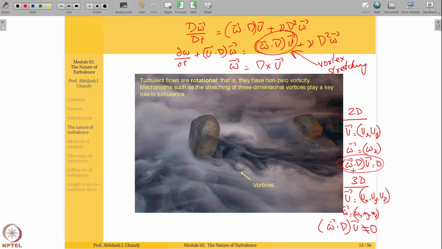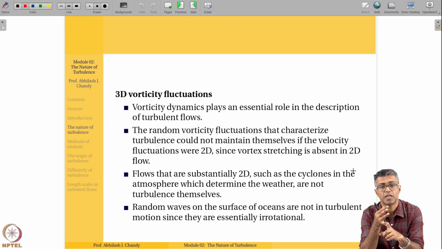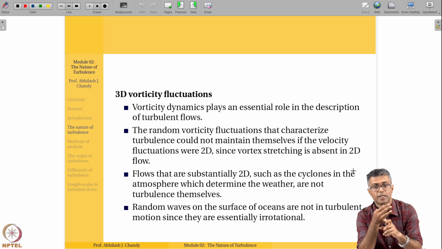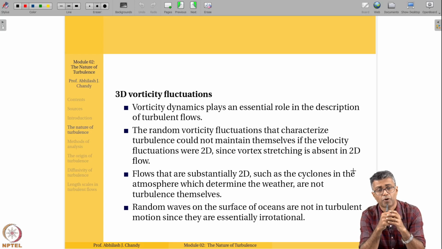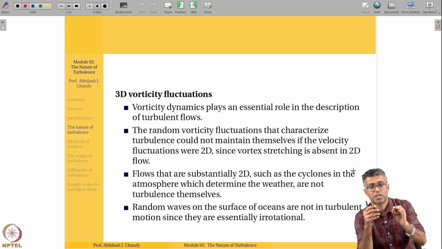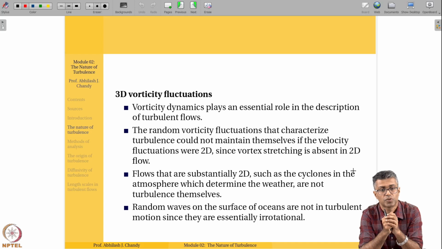So that's what we mean by turbulent flows are 3D. They are three-dimensional and they have a non-zero vorticity. That's what we mean by that. So vorticity dynamics plays an essential role, right? And the second point is what I was just mentioning: the vortex stretching term is absent in 2D flows.